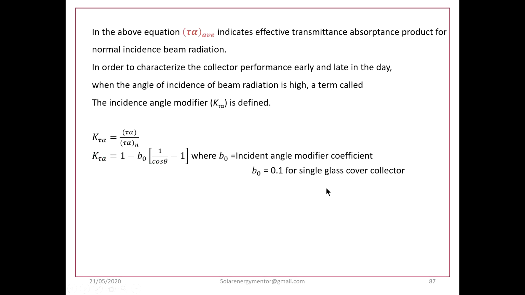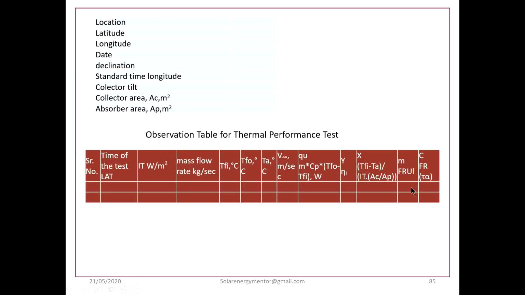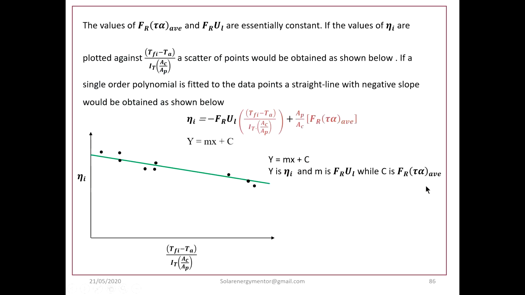So by fitting this data, you can calculate the values of FR tau alpha average and FRUL, which you can enter here for this test. These are the two characteristics of a collector, the collector efficiency and collector loss coefficient, that we obtain from the test.